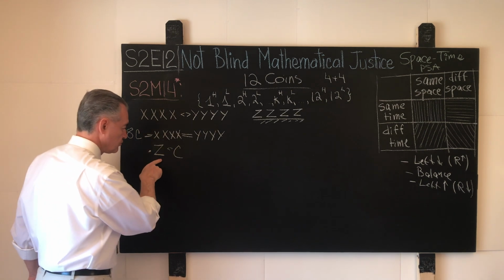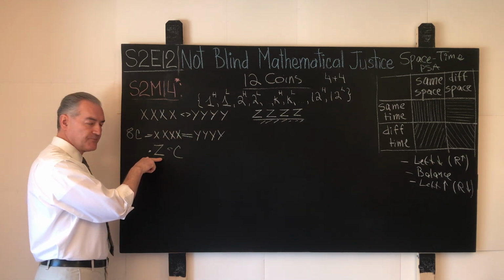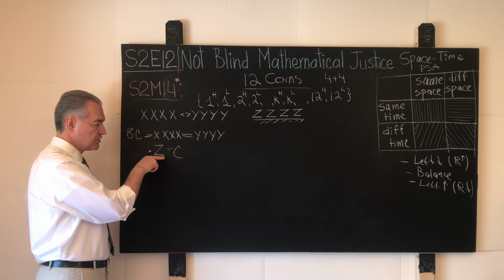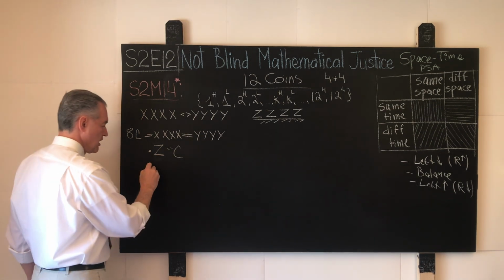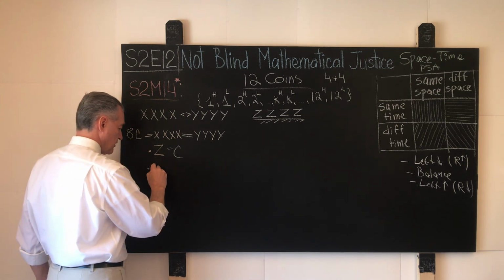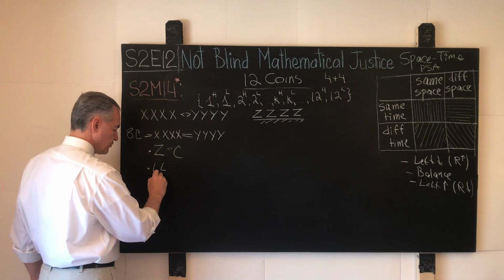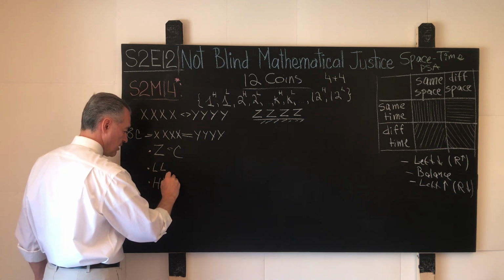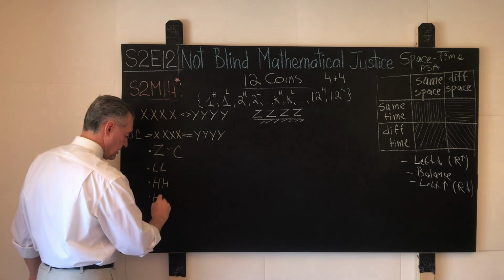And then without knowing the weight quality of this coin, we can determine whether the fake coin is light or heavy. We know how to solve this problem. Then we can solve the light problem when we're given 2 light coins. We can solve the heavy problem. We know how to solve this one. We know how to solve heavy.